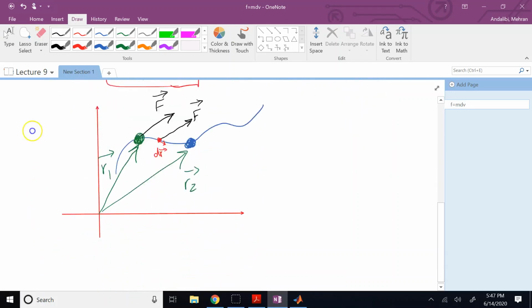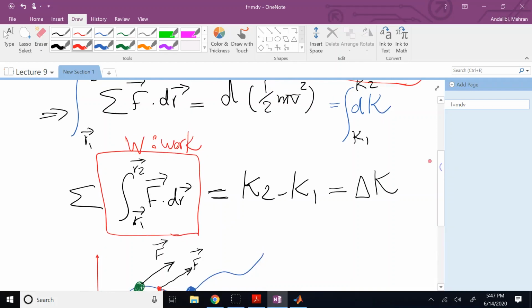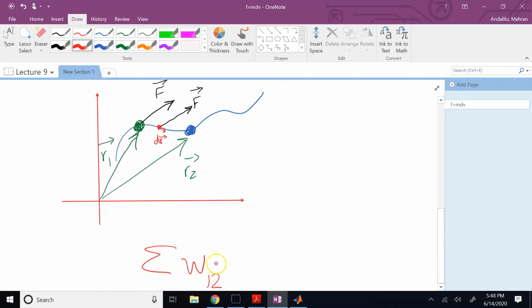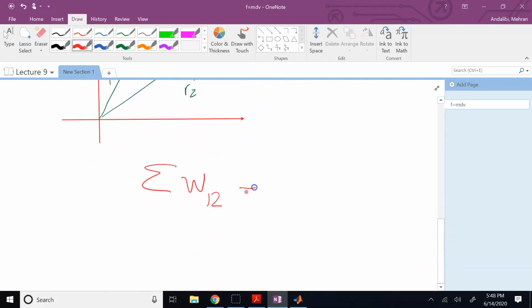So now if you put it back, it says the summation of all work done on the particle between position 1 to 2, and maybe I don't need the summation if I just call this the sum of the forces, I call it all the work. I might just take that notation off, but I'll keep it for now, is equal to what? K2 minus K1.